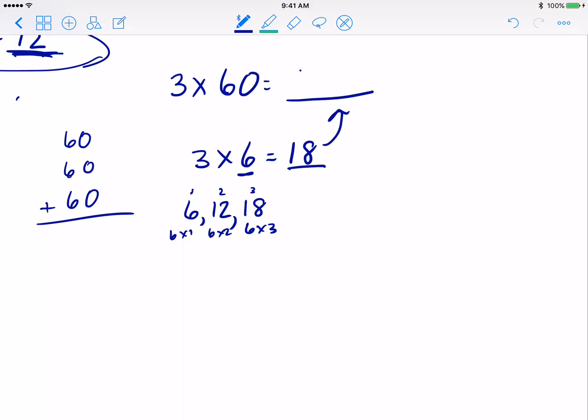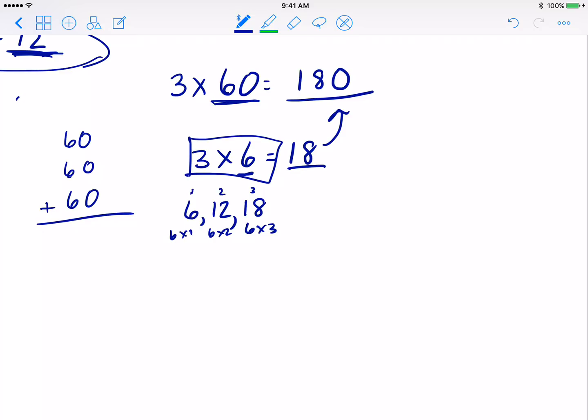So I'm going to have 180. Okay? So don't get bogged down by 60 being a huge number. It's a multiple of 10, and we can use our friendly factors, our friendly multiplication problems that we've been working on for a long time, to help us to solve these.